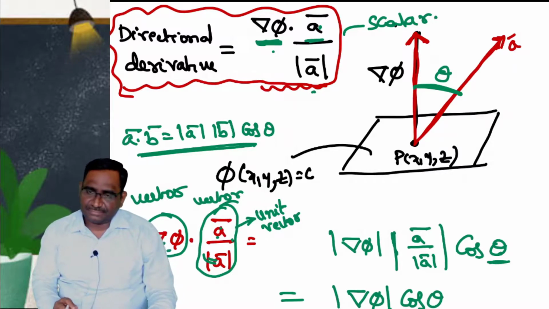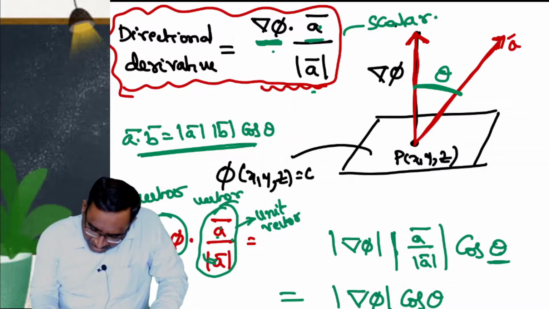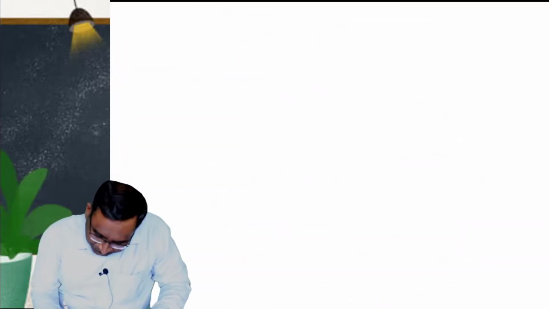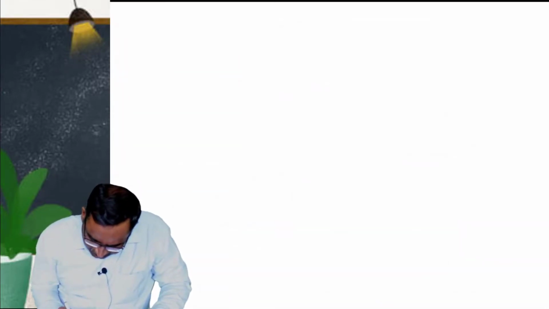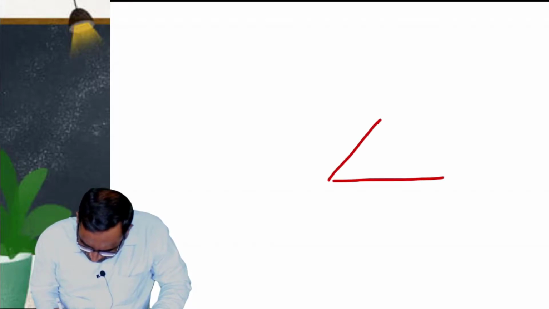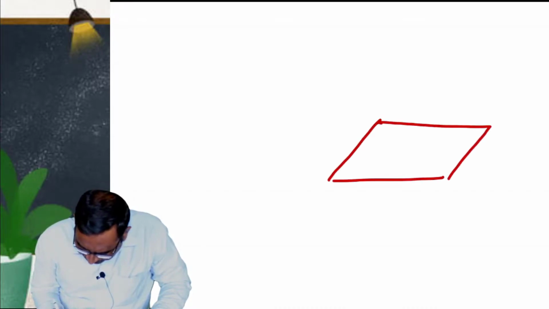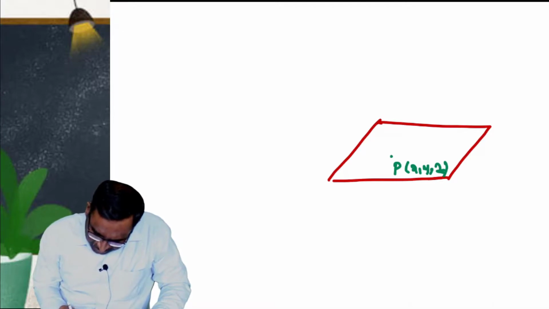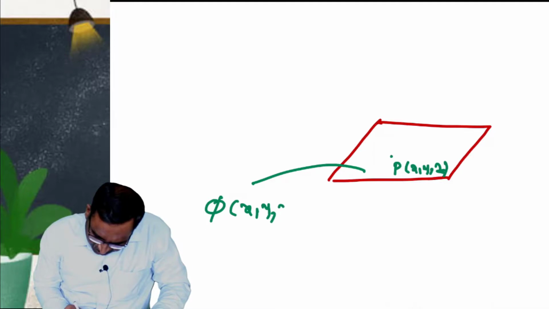Now here we can observe one most important point. This is my level surface, and this is the point P. This is the level surface phi of x, y, z.